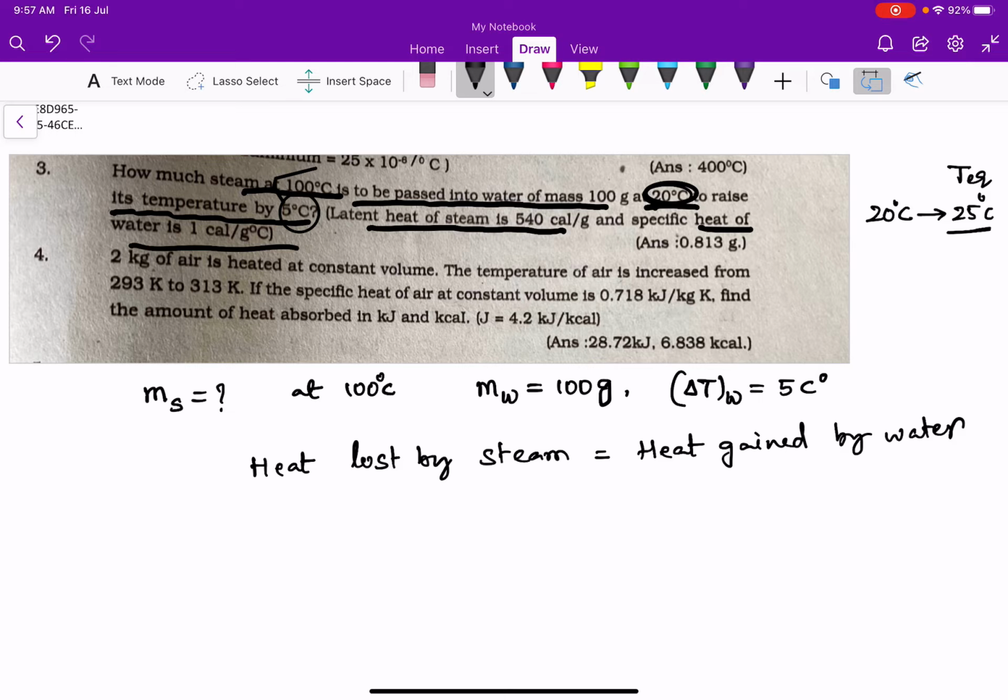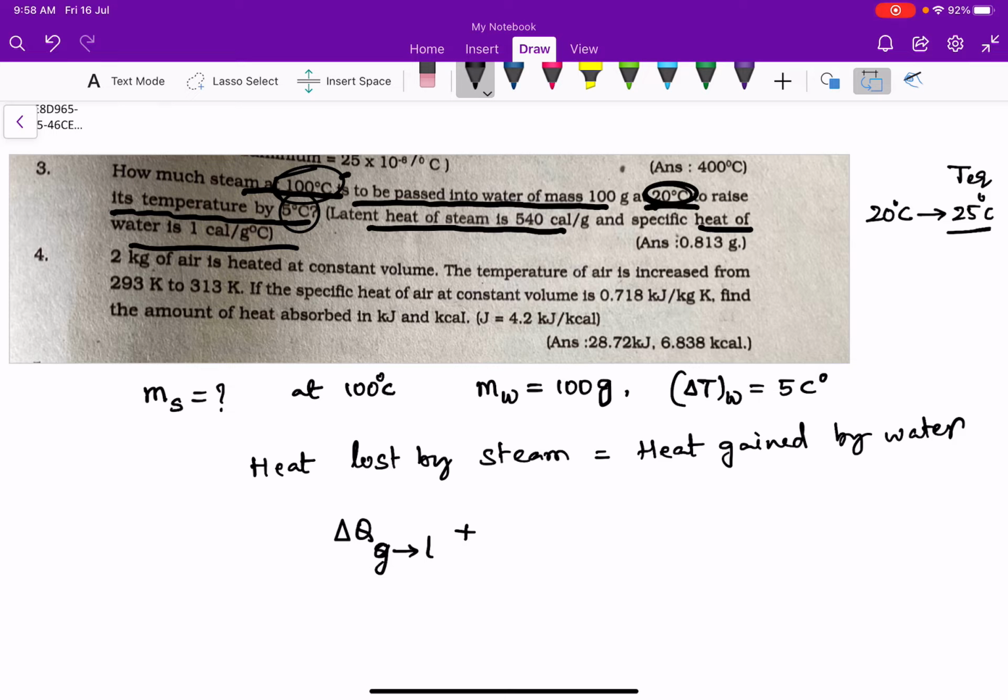When the steam is at 100 degrees Celsius, first the steam gets converted into water at 100 degrees Celsius at constant temperature. So that is the heat energy to change the state from gaseous to liquid. Then, when all the steam has converted into water, the water is at 100 degrees Celsius.